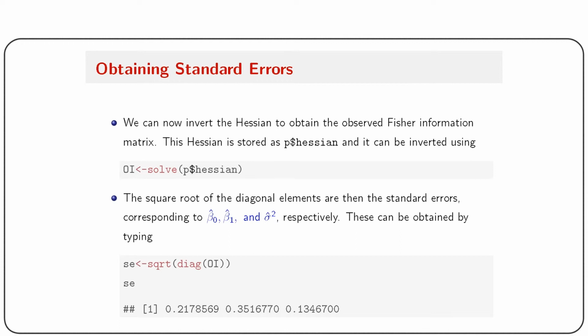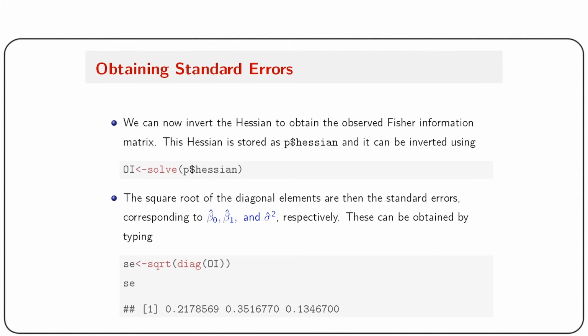The square roots of the diagonal elements are then the standard errors corresponding to beta naught, beta 1 and sigma square respectively. These can be obtained by typing, say, standard error AC equals the square root of the diagonal of y. So, you get the diagonal elements of the Hessian inverse matrix, take the square root, and you will get the standard errors.